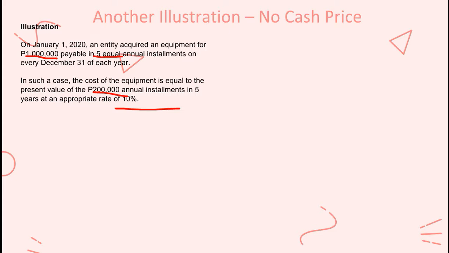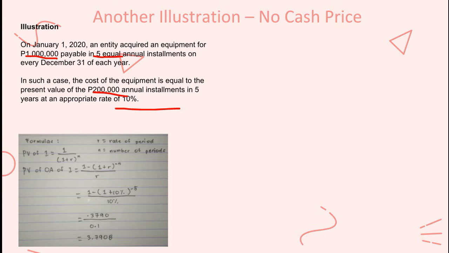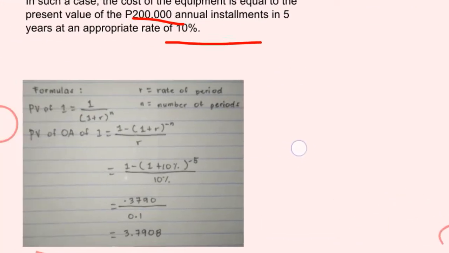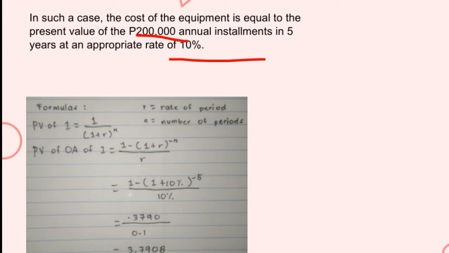So now let's calculate the present value. First, let's get the present value factor. There are two equations. The first one is the present value of 1, which equals 1 over (1 plus r) raised to the power of n, where r is the rate per period, the effective rate, and n is the number of periods, such as the number of years for annual installments.